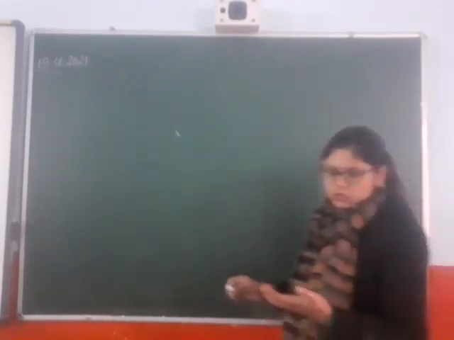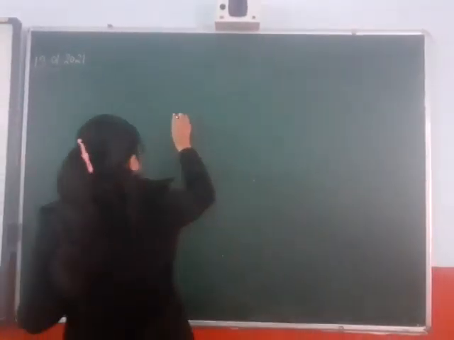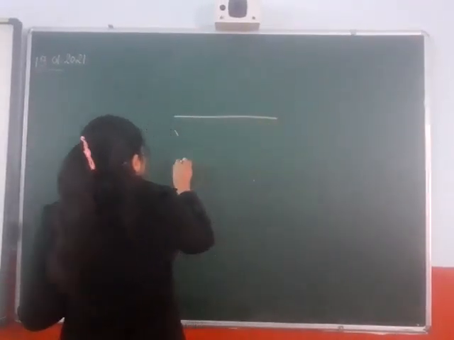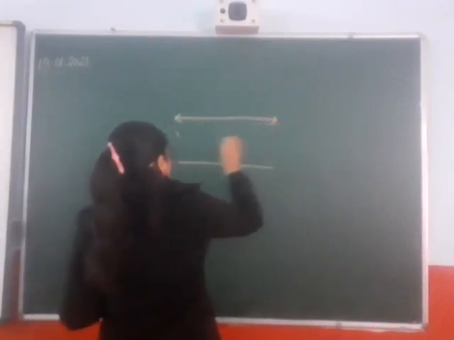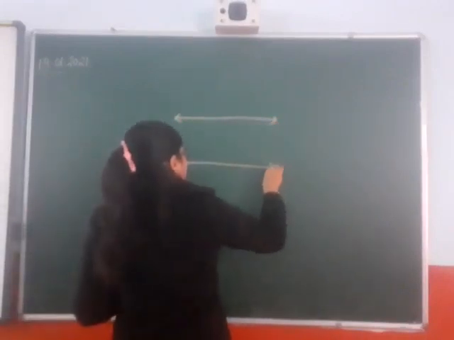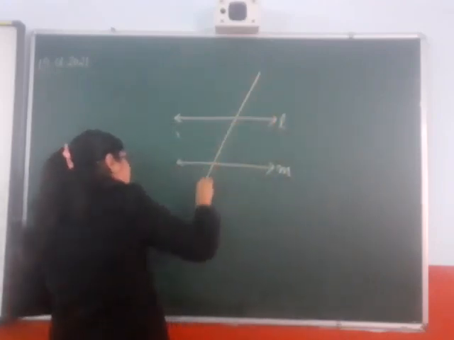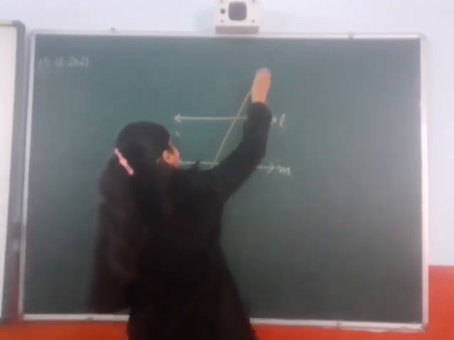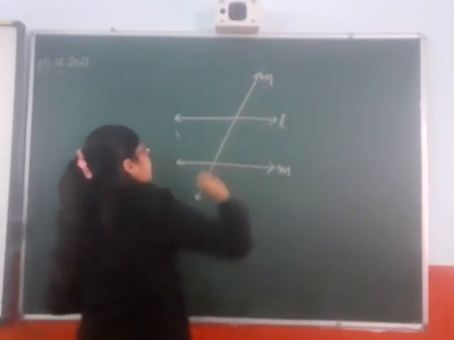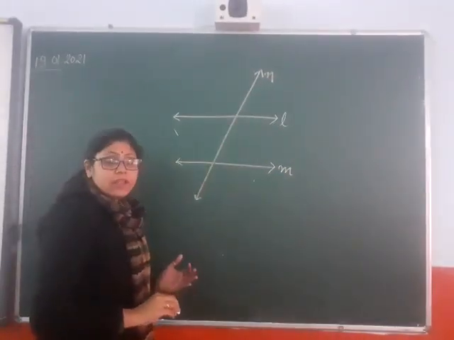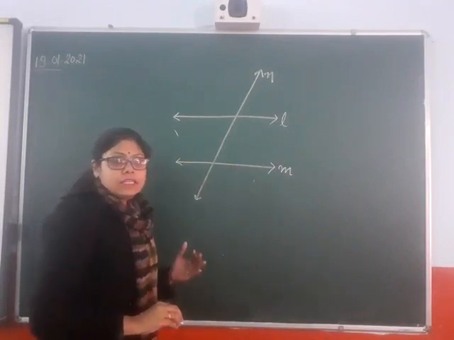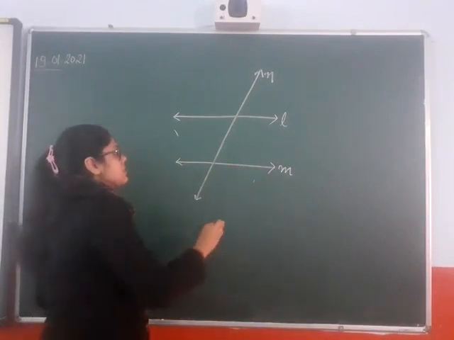Now we will write: when two parallel lines, these are the parallel lines L and N, are cut by a transversal line, then alternate interior angles are equal.